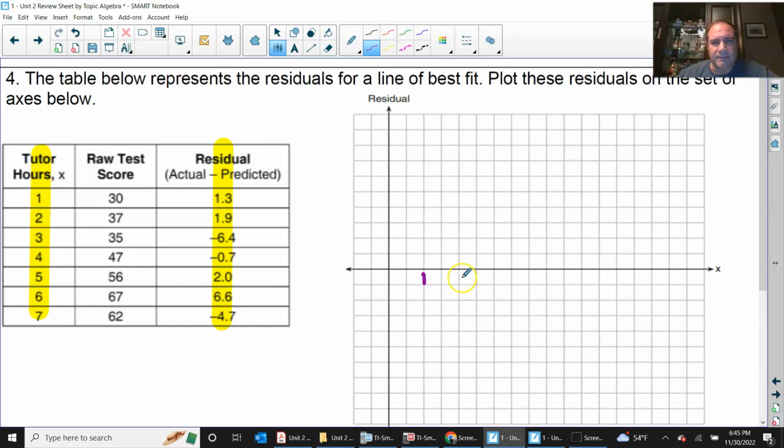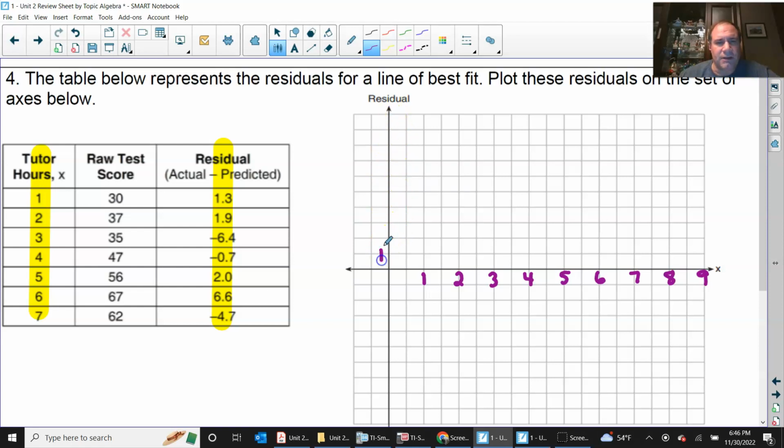So we have 1 to 7 that we have to cover, and I am going to go 1, 2, 3, 4, 5, 6, and 7, and I'm just going to go up to 8 and 9. And then my residual, I have to cover all the way down to negative 6.4. If I go 1, 2, 3, 4, 5, I won't make it.